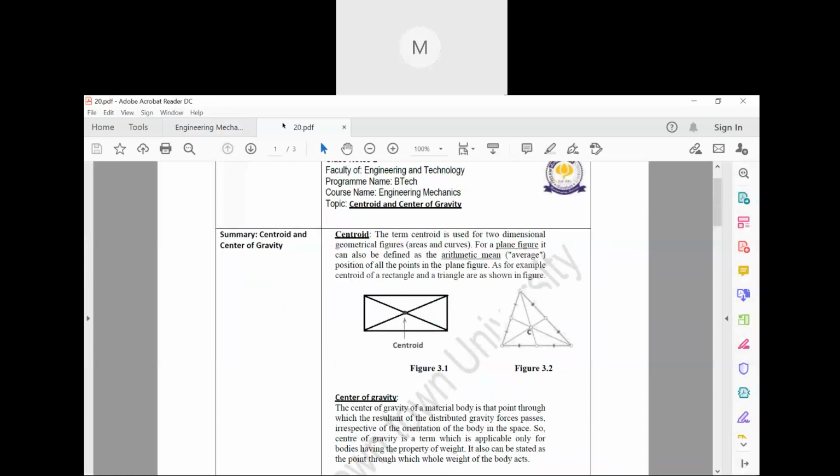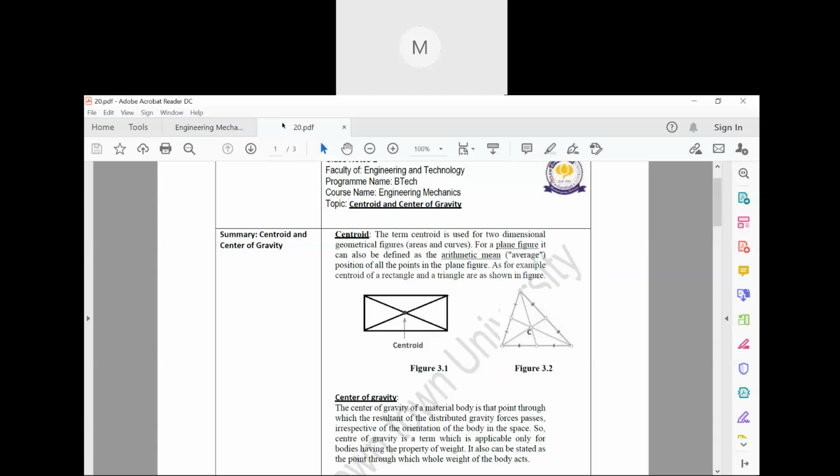Now, what is center of gravity actually? Center of gravity of a body is the point or the center through which the resultant of the distributed gravity force passes. That means the distributed forces or the resultant forces that are present act from one point, right?